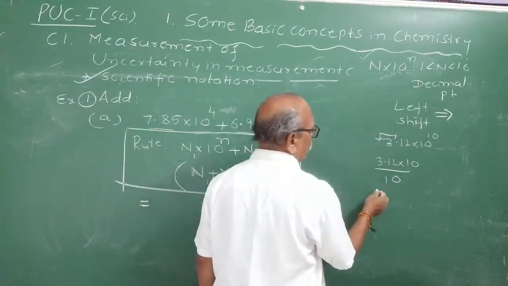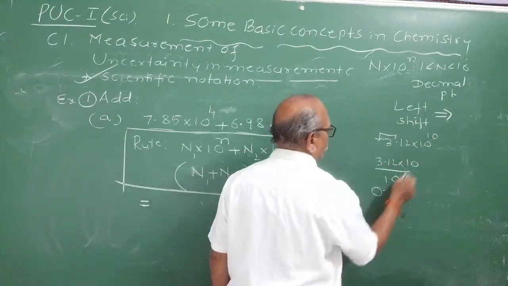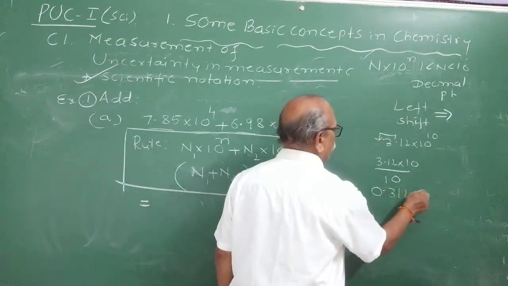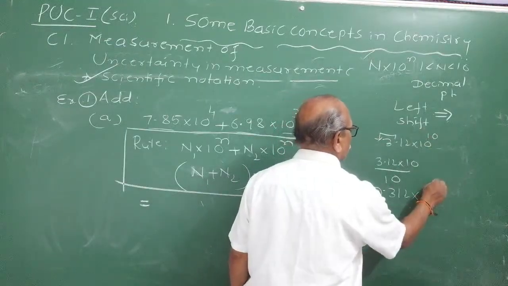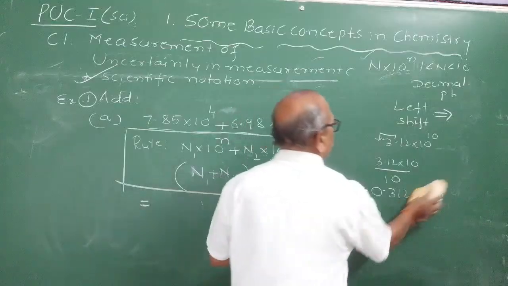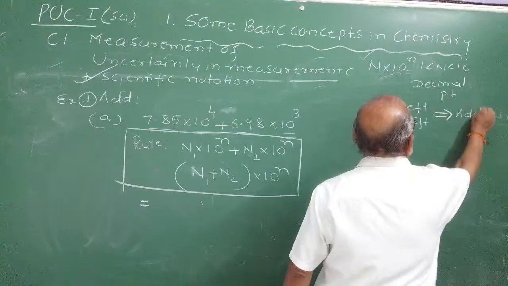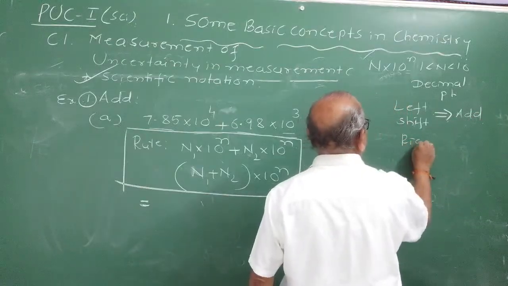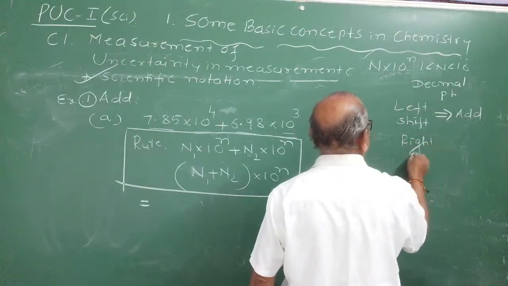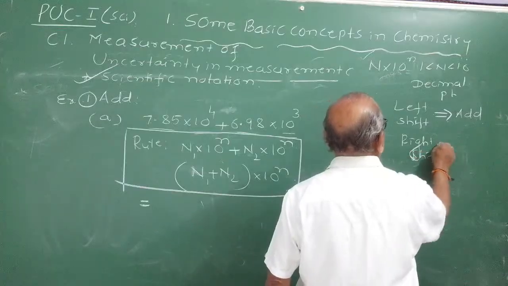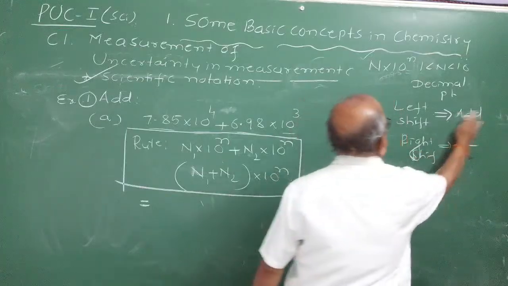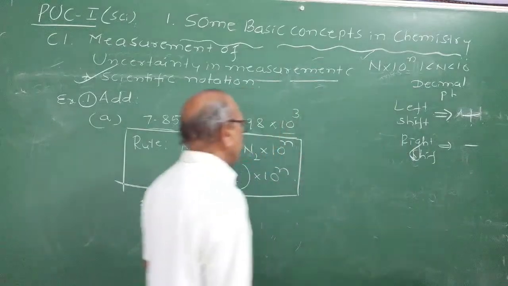If you shift it to the left, you get 0.312 into 10 raised to 1 plus 1, which is 2. Left shift, you have to add. Left shift add, right shift subtract.